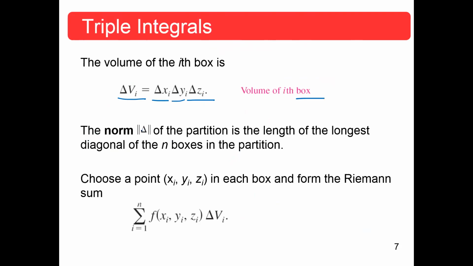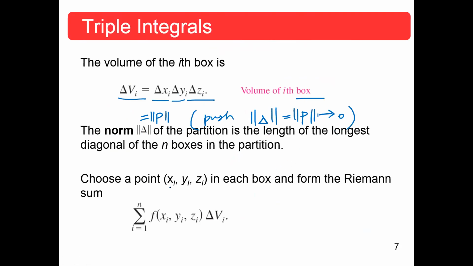The norm of the partition, which is the same as magnitude of P as some books use, is the length of the longest diagonal. Eventually we're going to push the magnitude of the partition to 0.